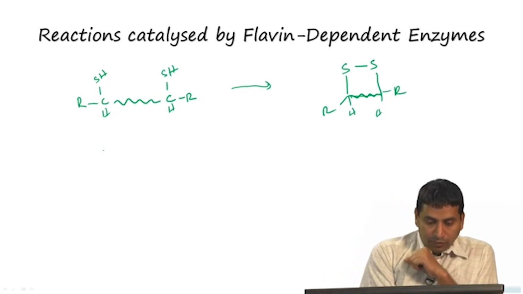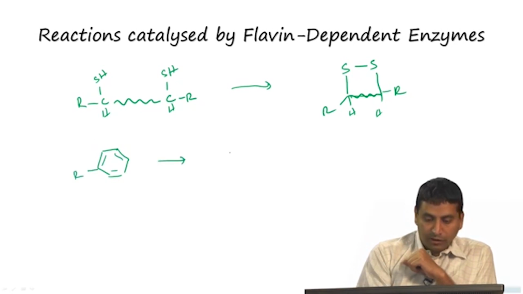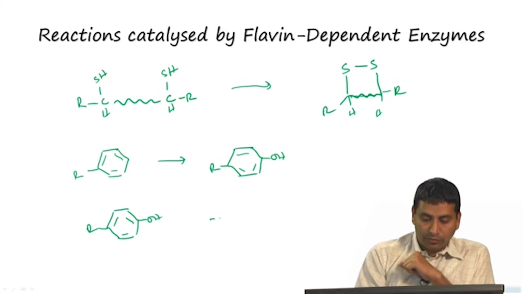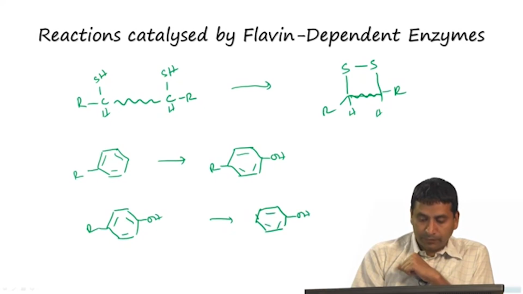Flavin dependent enzymes also can oxidize benzene rings to give you the corresponding phenols. We have already looked at this in the previous lecture, and also the oxidation of phenols to catechol is possible.